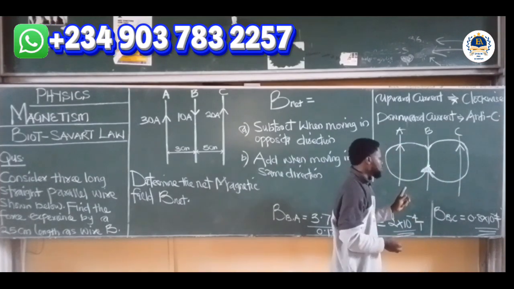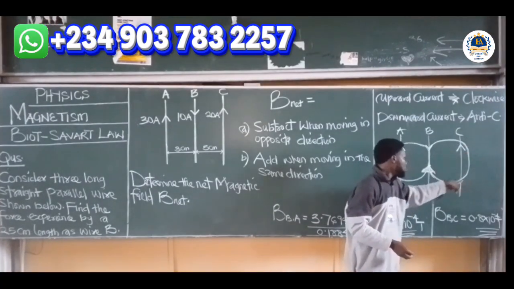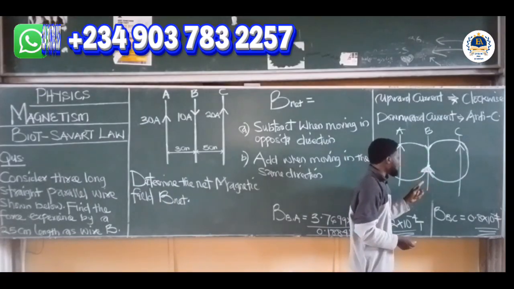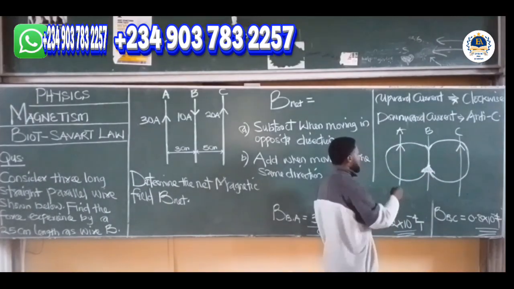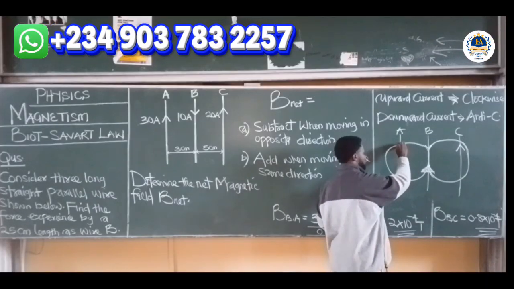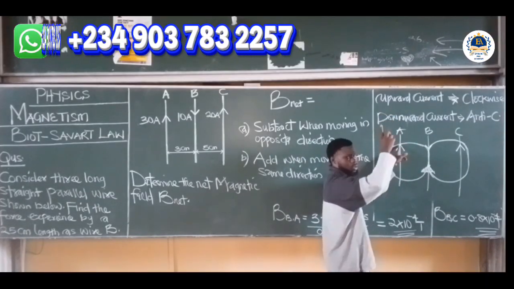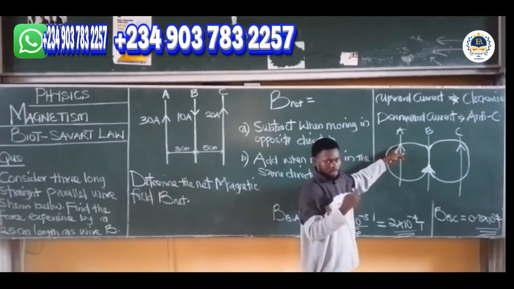Now, this is the direction of the magnetic field from C to B. Let us also note the direction of the magnetic field from A to B. If I'm moving from A, because it is pointing up, we said upward current should move in a clockwise direction.